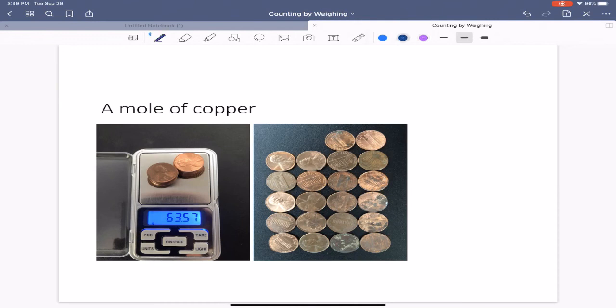That 6.022 times 10 to the 23 copper atoms is only 22 pennies and only has a mass of about 63.546 grams.